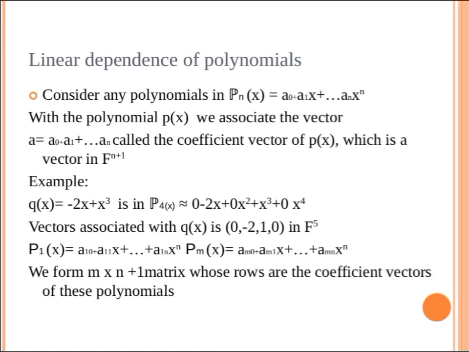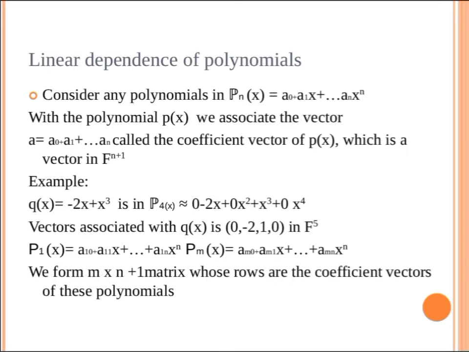You are just putting that value here, and the vector associated with q is 0, minus 2, 0, 1, 0, in F5, because here this F is F power n plus 1. We have 5 entries, so F5. Okay, because the constant term is there with coefficient 0 and power of x is 0. That's why.